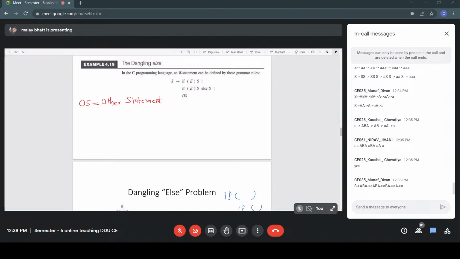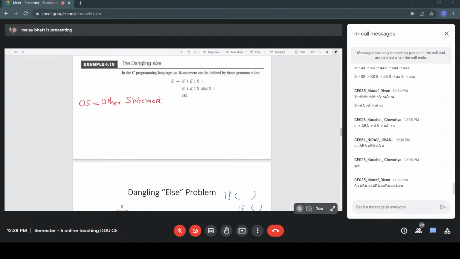And OS indicates any other statement, to terminate the process. So this is known as a grammar for if-else statements of a programming language. If the condition is false, we'll go with the else part and execute another set of statements.